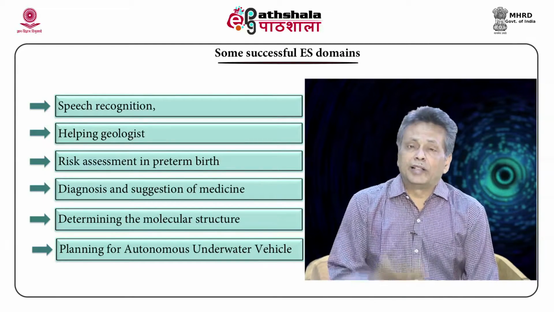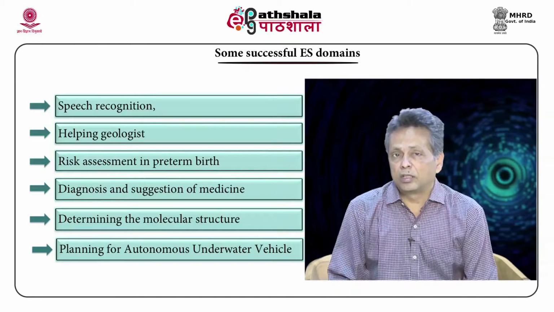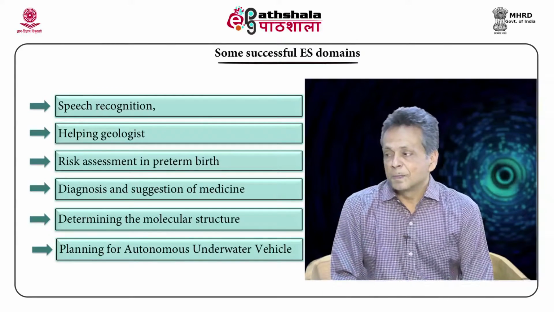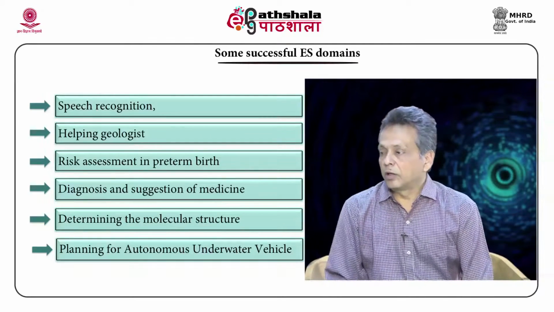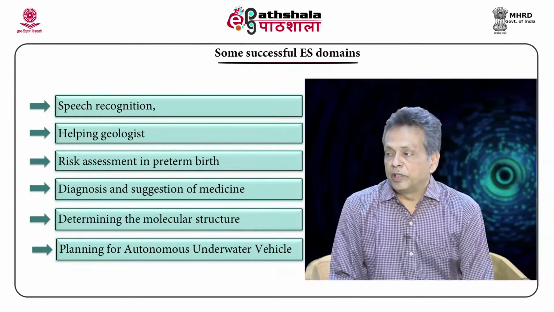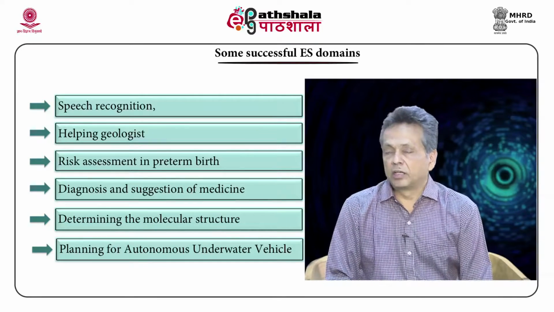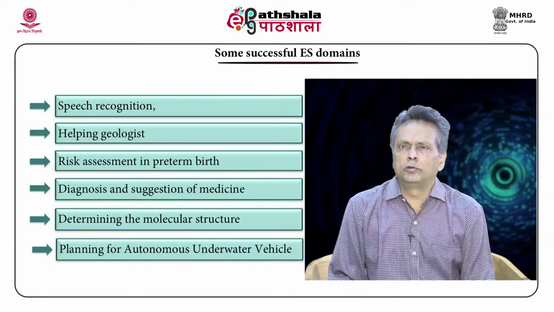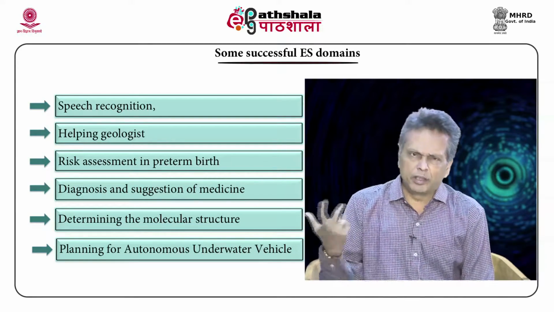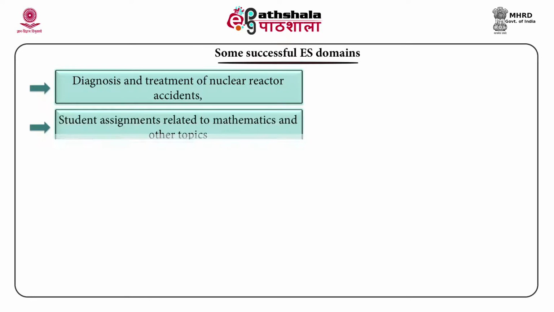And there was MYCIN that I talked about, which helps diagnose a disease and suggest a medicine. Determining molecular structure is one thing I have talked about. There is also something called PIUV, which is about planning for an autonomous underwater vehicle. So, it is basically a mission critical solution. So these are simple examples of some expert system domains.